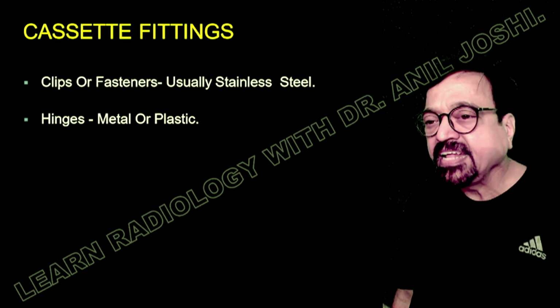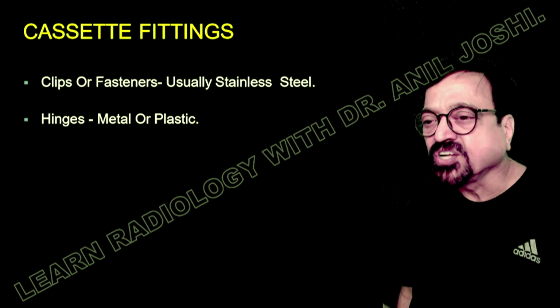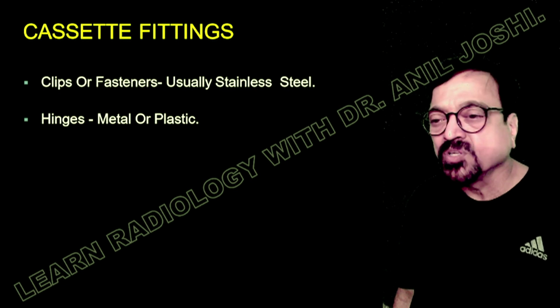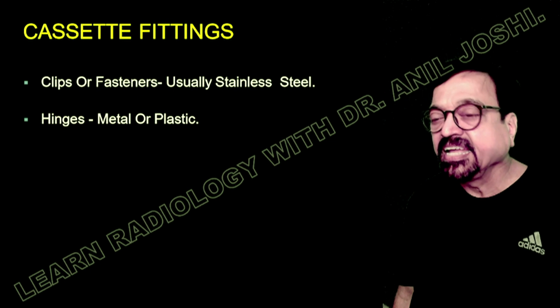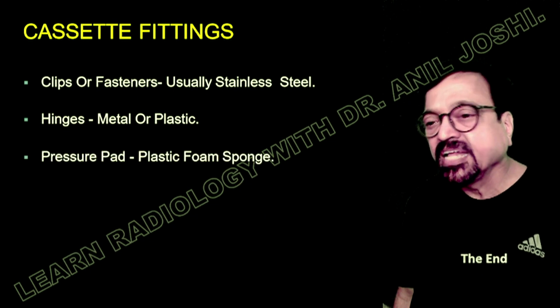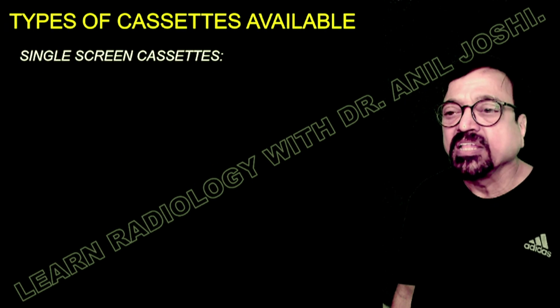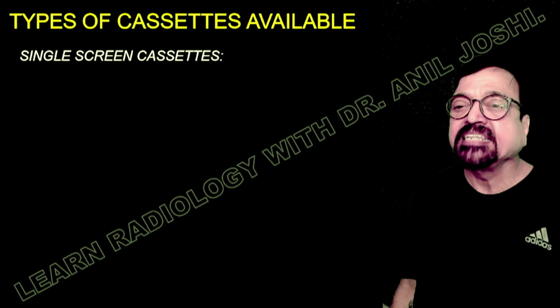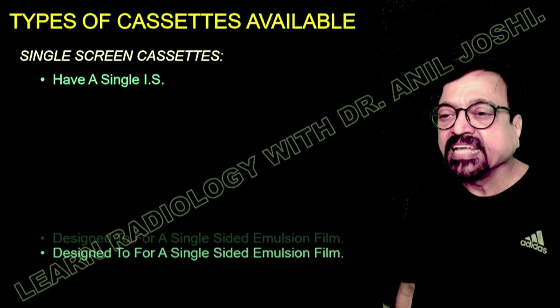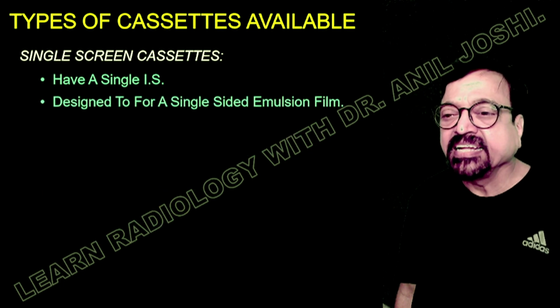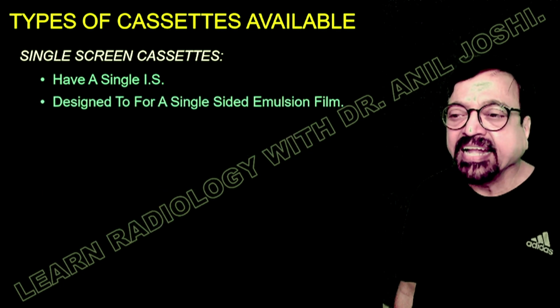Now, cassette fittings: clips or fasteners are usually stainless steel because they need high strength; hinges are metal or plastic; then pressure pads are plastic, foam, sponge, etc. Now, what cassettes are available? A single screen cassette has a single intensifying screen designed for a single-side emulsion film.